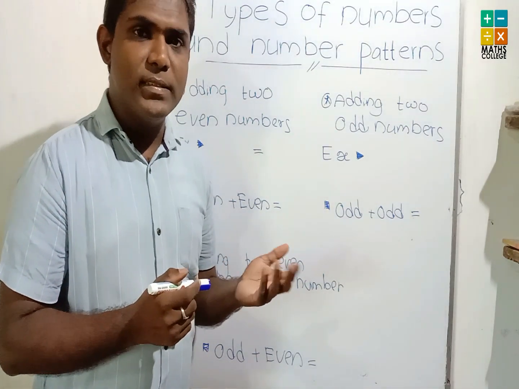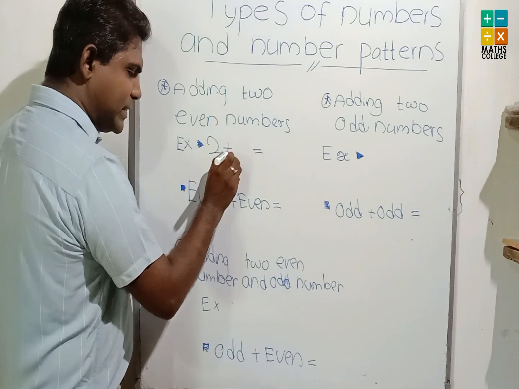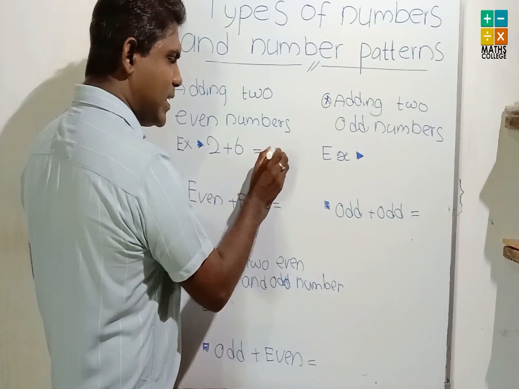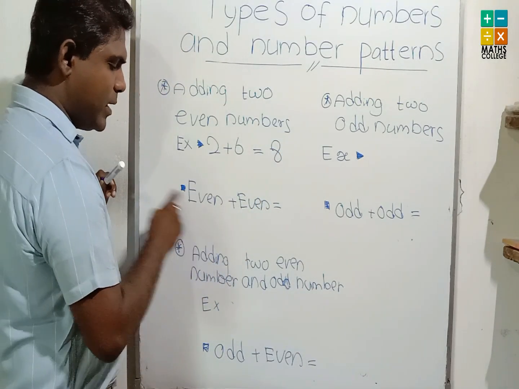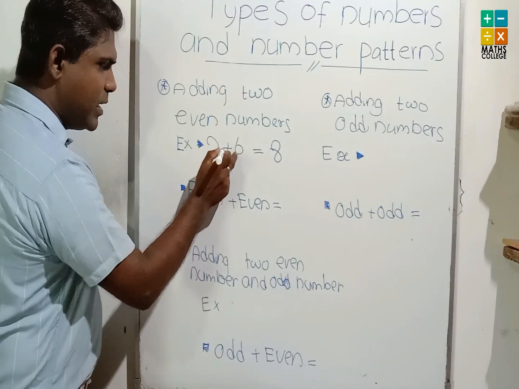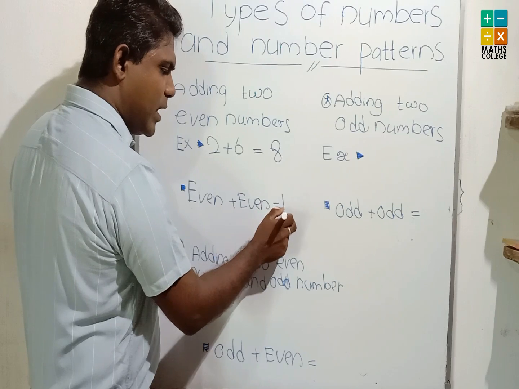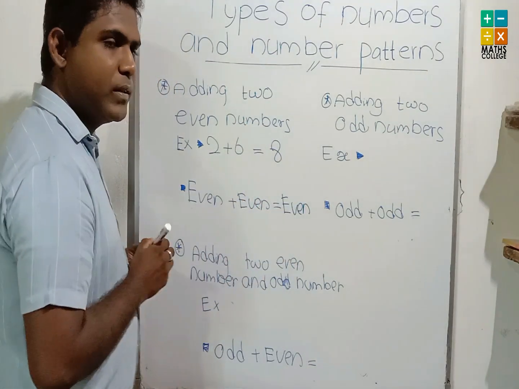As an example, take 2 addition 6. Yes, 2 is an even number, 6 is an even number. 2 addition 6 is 8. 8 is an even number. Even addition even, the answer is also even.